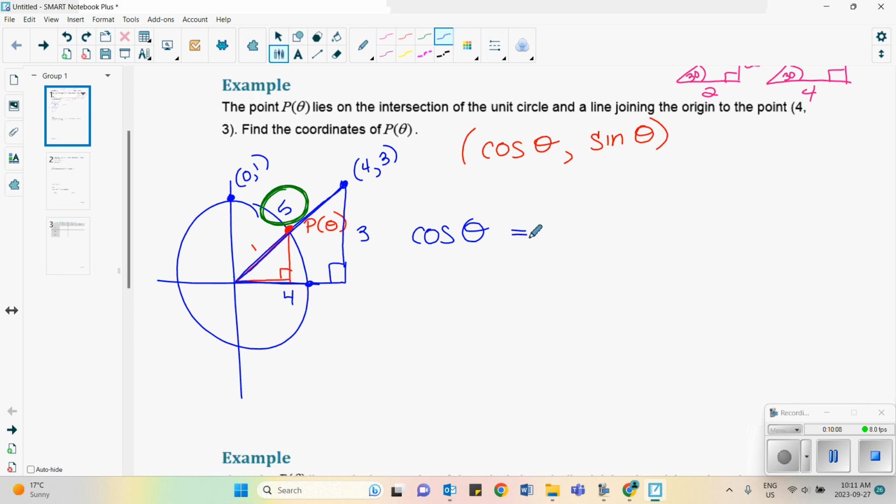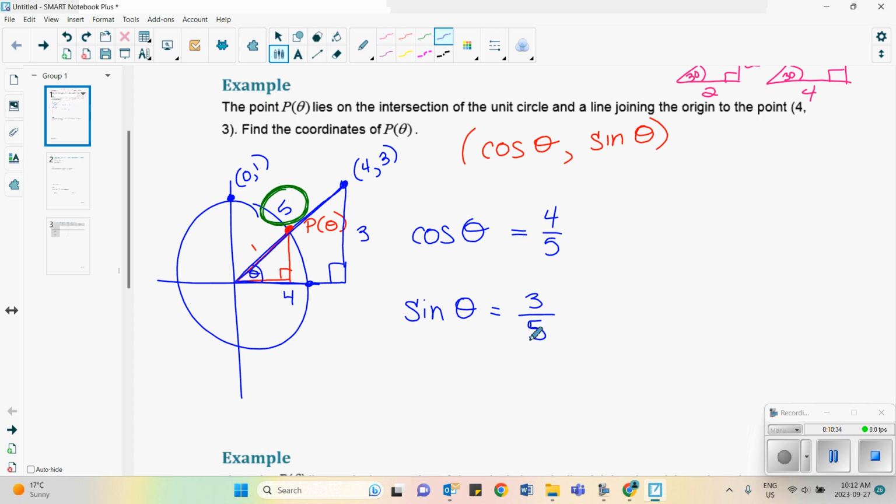So remember that we're always measuring the angle from positive x terminating here. So our angle is going to be down here. So cos is adjacent over hypotenuse. So it's going to be 4/5. And sine of that triangle is going to be opposite over hypotenuse, which is 3/5.